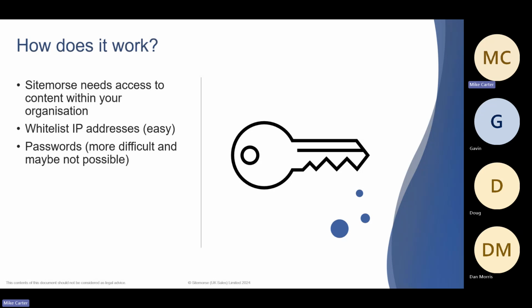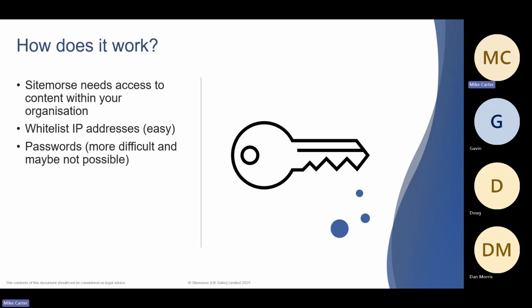It all depends. In short, though, typically what happens when we engage in one of these projects is the first part of it is Sitemorse spends a little bit of time talking to your security department to actually get the thing working, so at least we can assess half a dozen pages to show that we can actually get to your content.